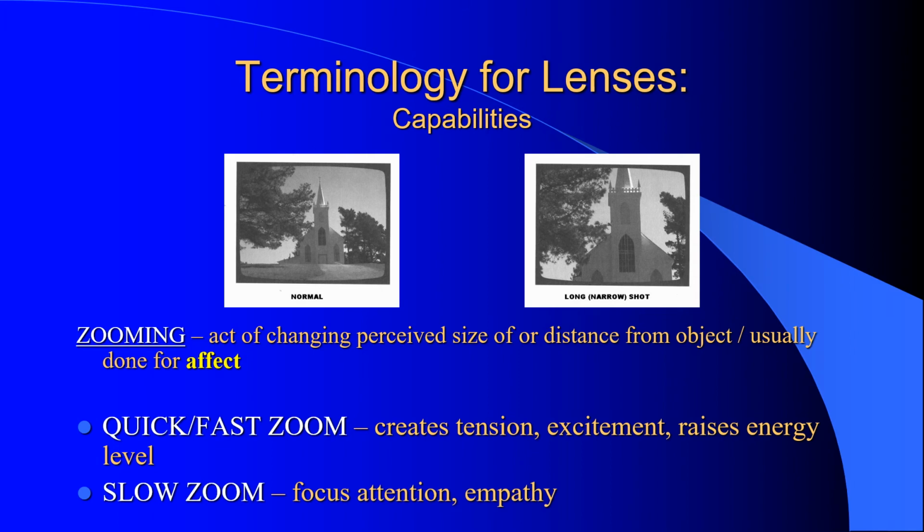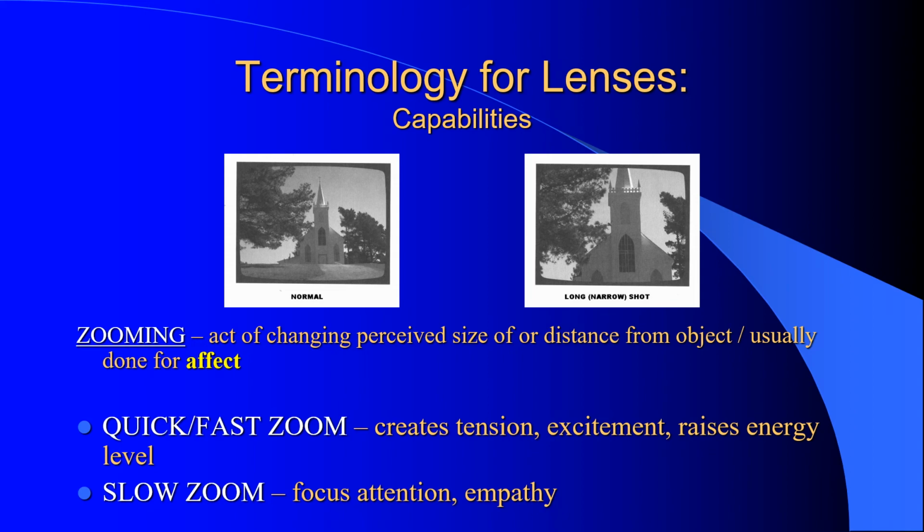Slow zooms, on the other hand, are not trying to get the audience's attention. You see these most often in interviews where the person who's being interviewed might become more emotional, might begin to cry or become angry, and the slow zoom really is applied to focus your attention as an audience member strictly on the face.